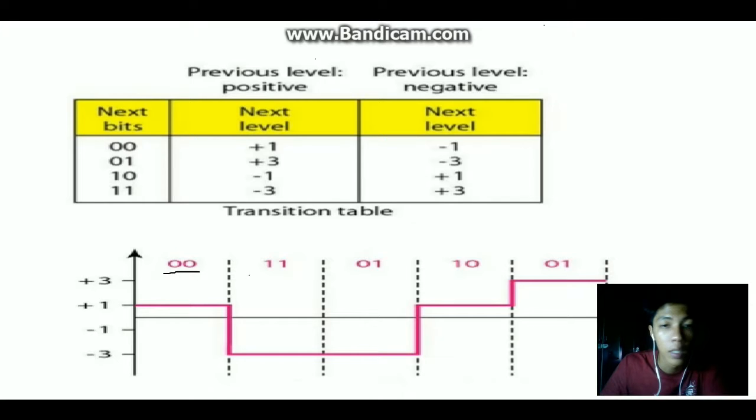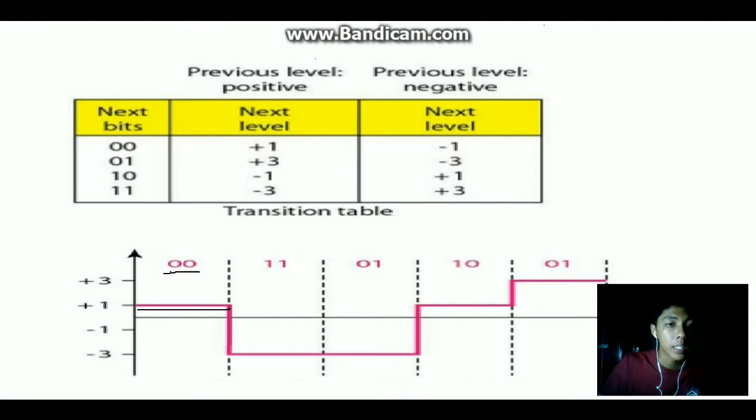For example, this is the table. Okay, to minimize error propagation, pairs are assigned to a voltage level. So this is the voltage level, the line, the pink one. According to the table, 2B1Q depends on the previous level so that it can move on to the next.